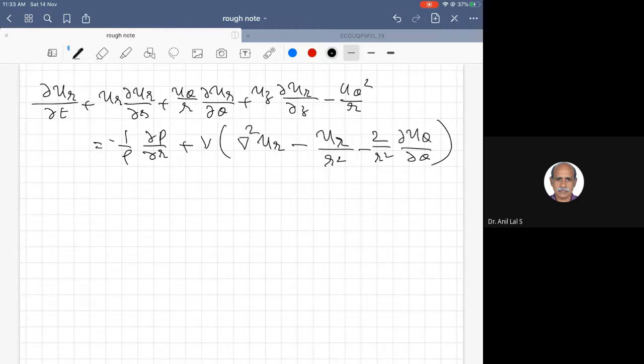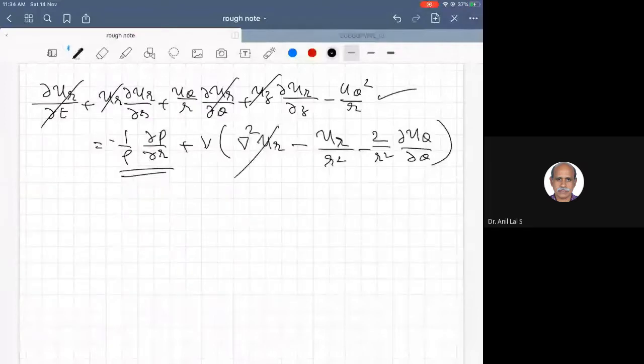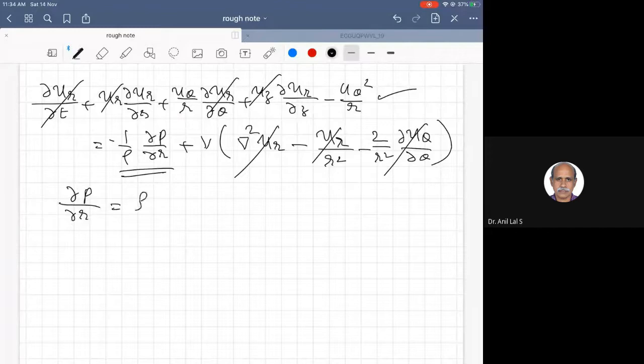We know it is steady, so this is 0, ur is 0, dou by dou theta is 0, uz is 0. Since ur is 0, the Laplacian of ur is 0. So that gives you dou p by dou r is equal to rho u theta squared by r.